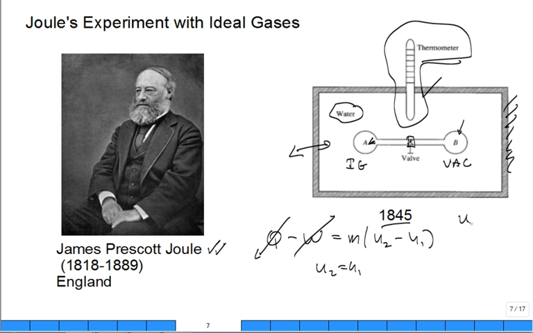At state 1, it's a function of the temperature 1 and maybe the volume of 1, or the internal energy at state 1 is of temperature 1 and pressure 1. But the volume of the ideal gas changed, didn't it? The final volume is greater than the initial volume because it expanded into the evacuated side. And what about the pressure final? It was less because it expanded into the evacuated side.